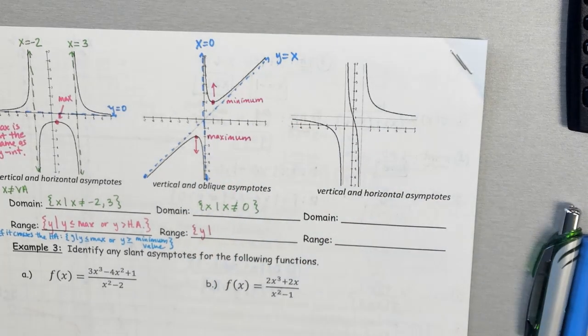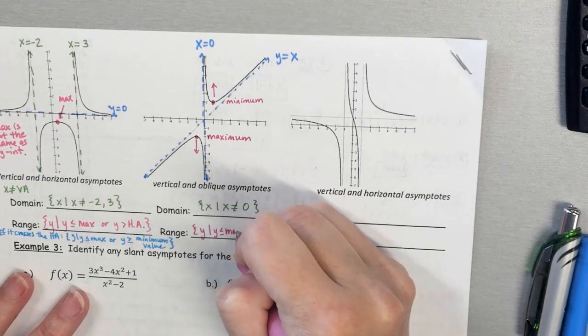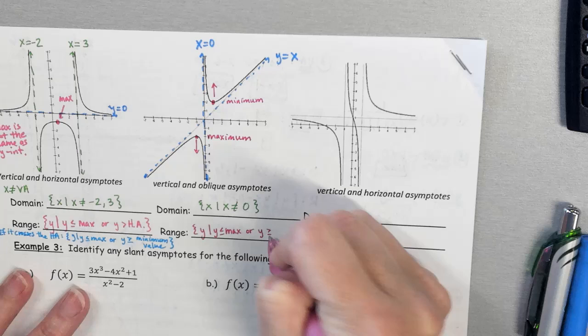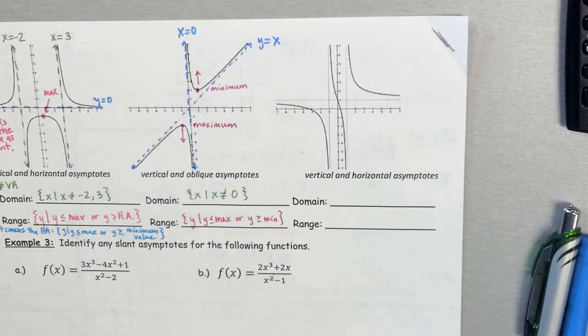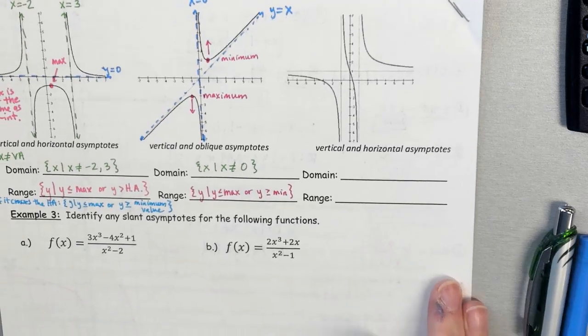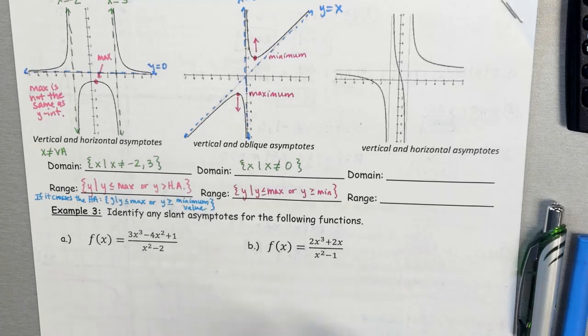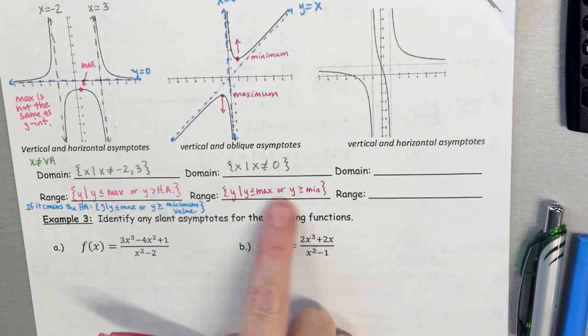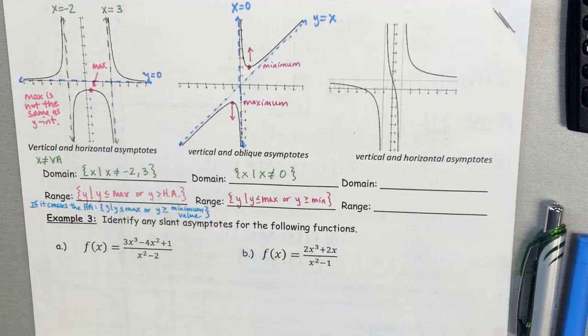So when you're writing out your range, it's y is less than or equal to the max, or y is greater than or equal to the min. So you're going to have to use those functions again in your calculator to do that. You might notice that these are the same. They are. So you might have to find a minimum there.